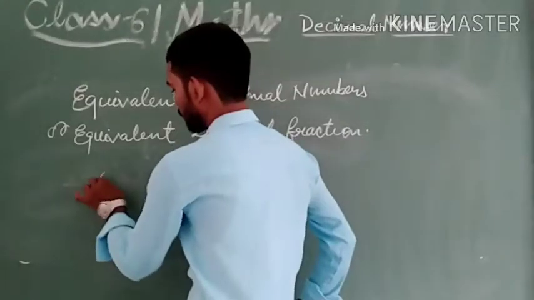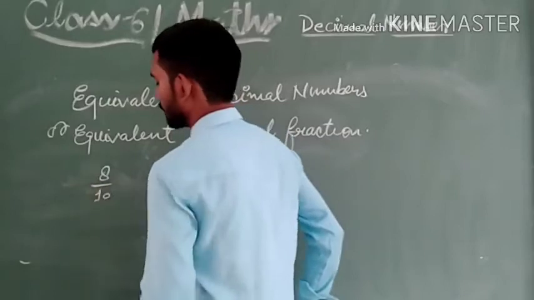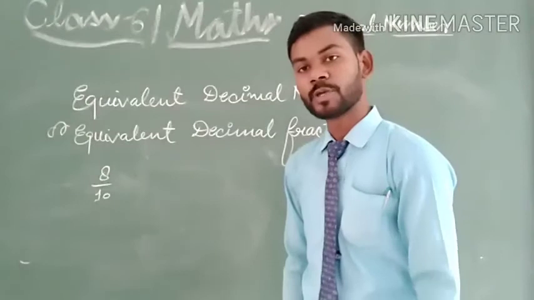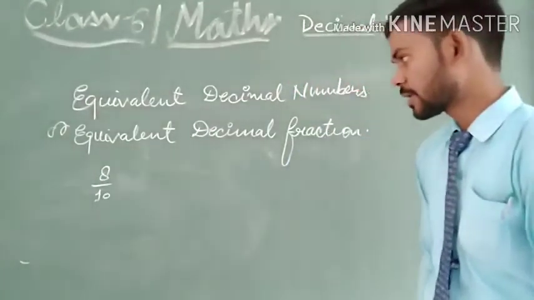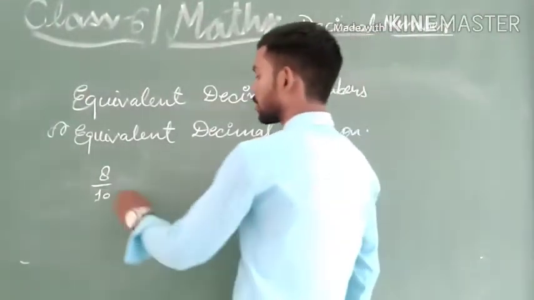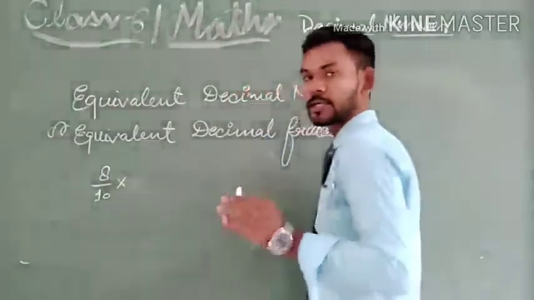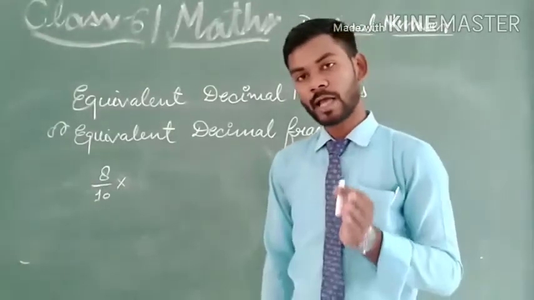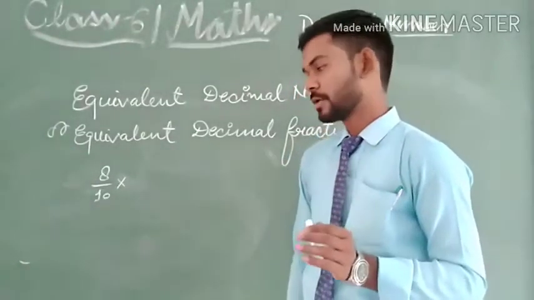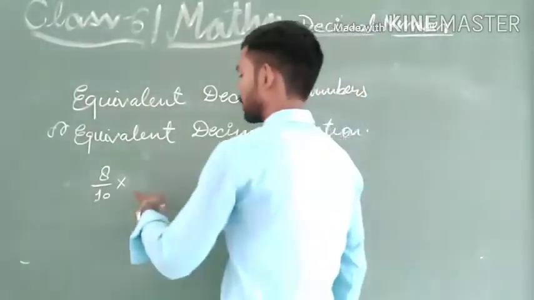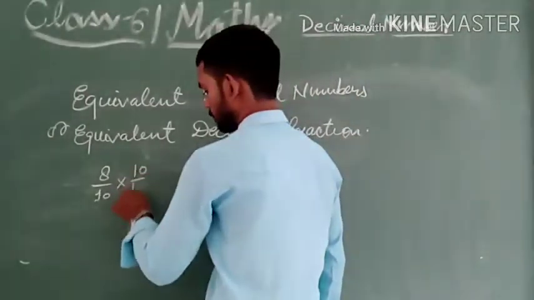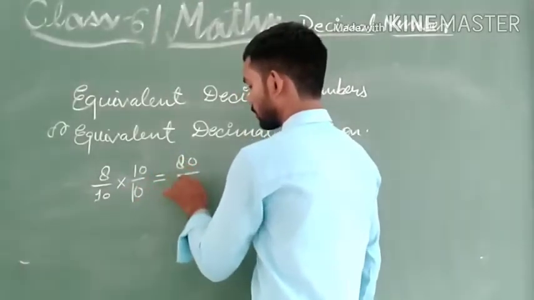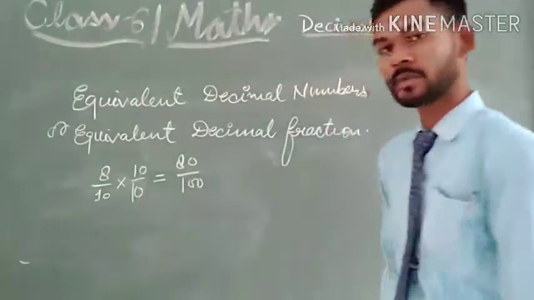If I write 8/10 as a decimal fraction, then we multiply the fraction by a number which keeps the denominator a multiple of 10. Here we multiply this fraction by 10, and in this way we get 80/100.